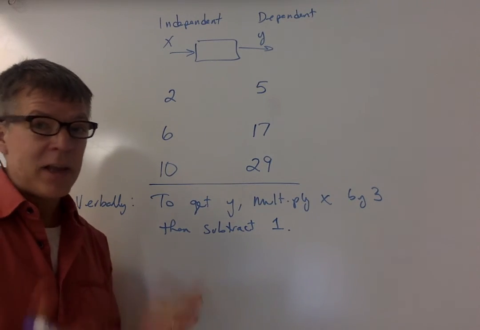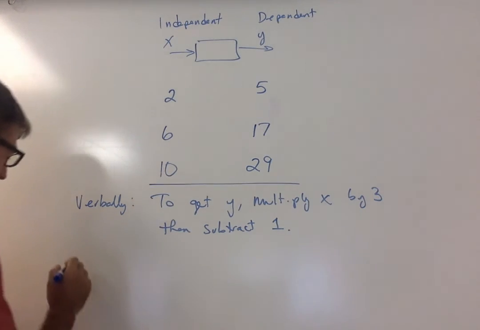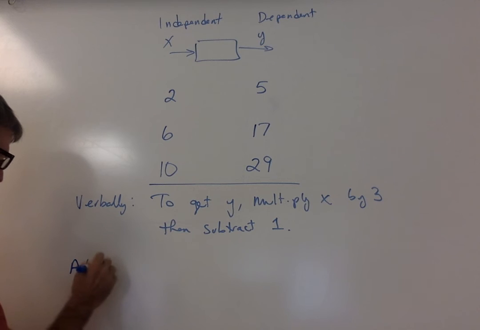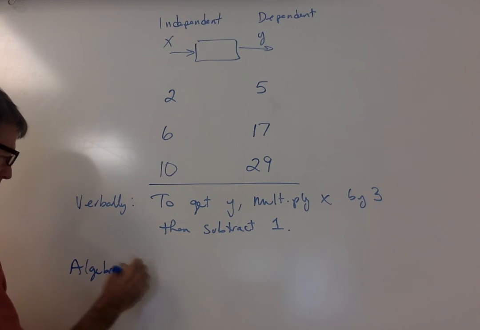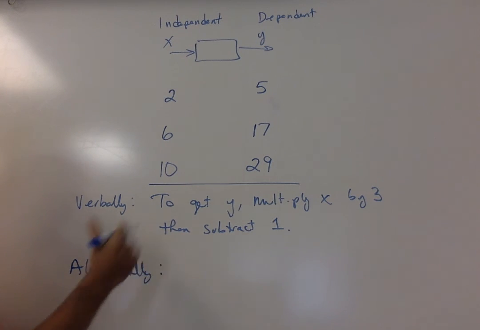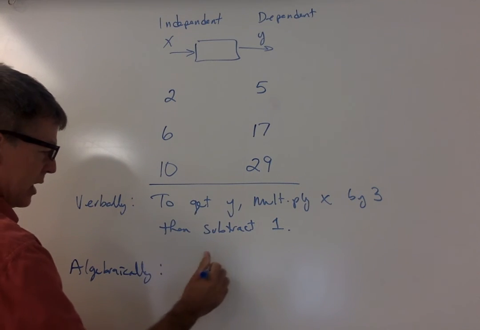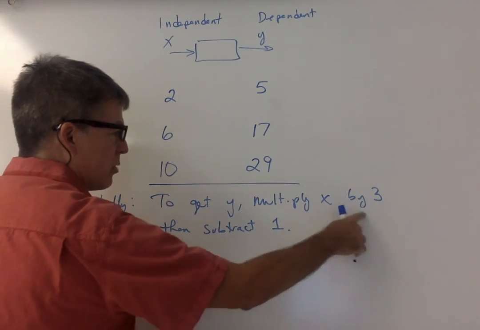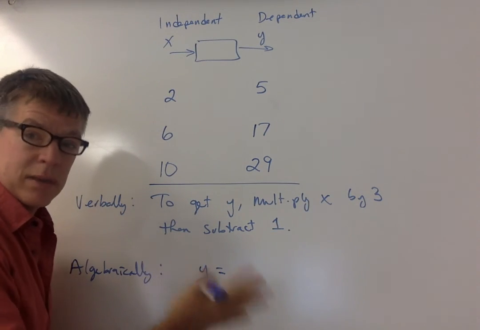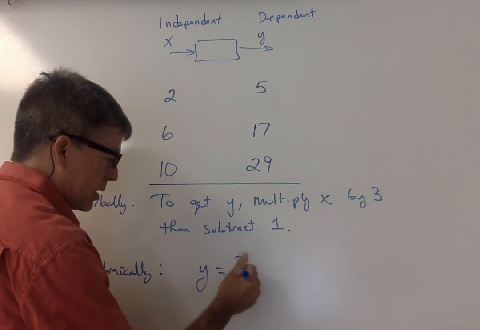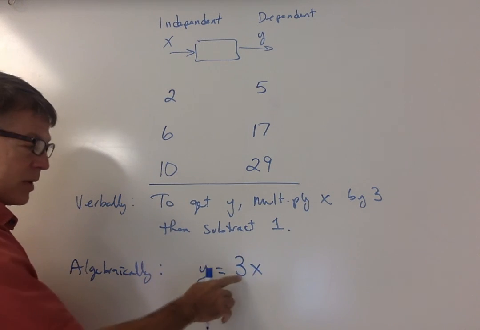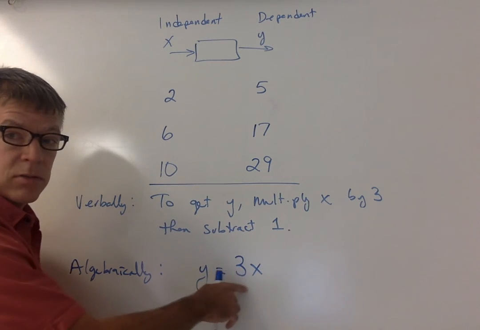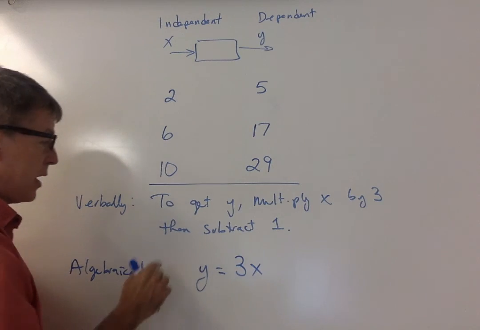Or, if you're comfortable, I'd love to push you there if you're ready, you can do it algebraically, which is shorter to write, and that's the language that mathematicians use. If you need y, so y equals, what do I got to do? I got to take x and multiply it by 3. Mathematicians show multiplication by just doing this. Do you guys remember that? That just means x times 3 or 3 times x. And then subtract 1.